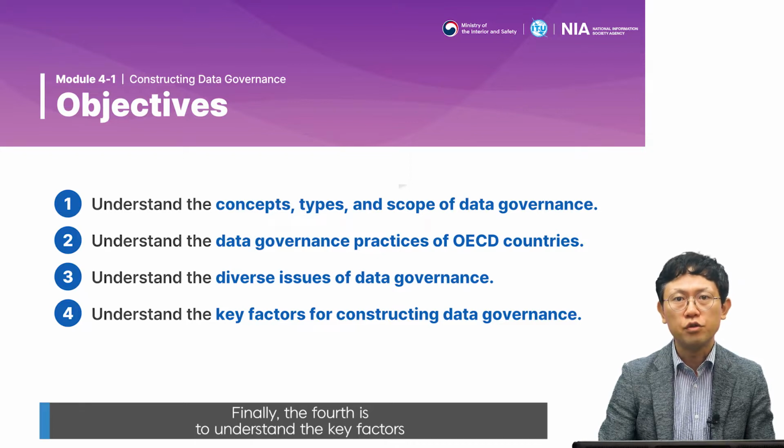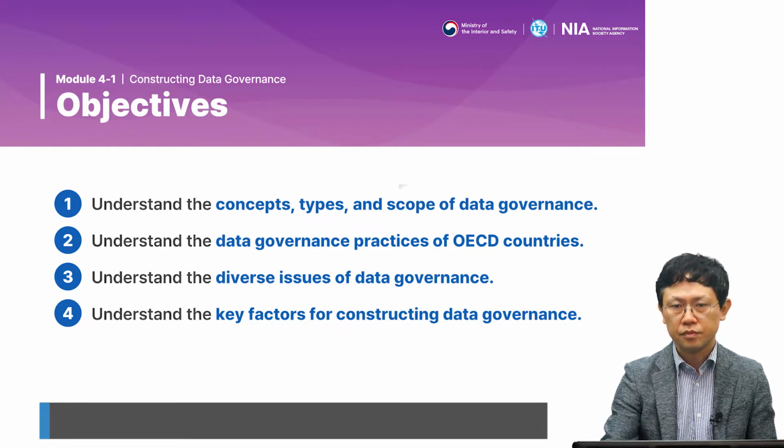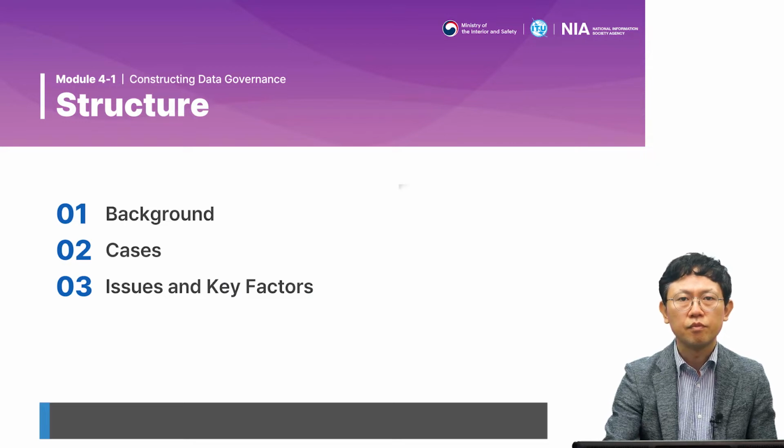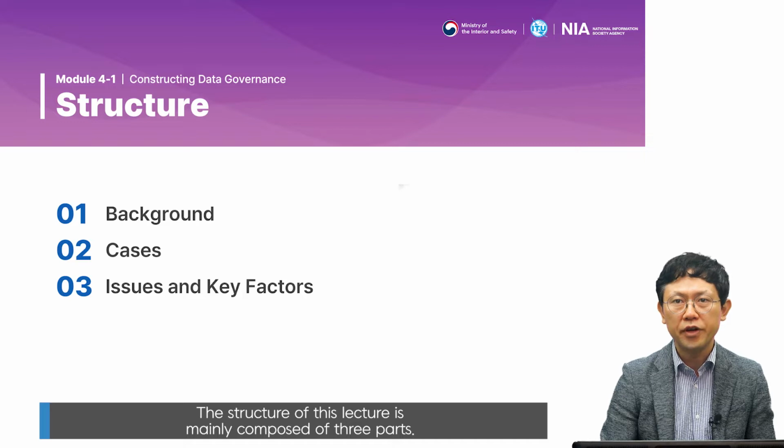Finally, the fourth is to understand the key factors for constructing data governance. The structure of this lecture is mainly composed of 3 parts: background and cases, issues and key factors.